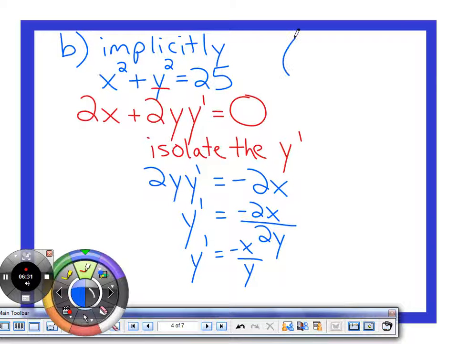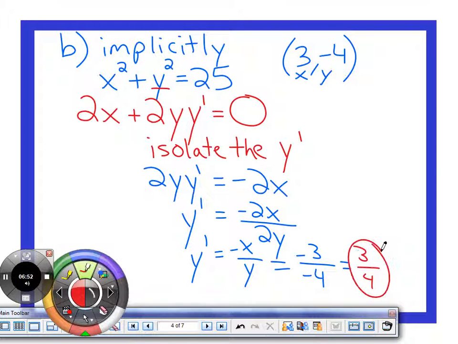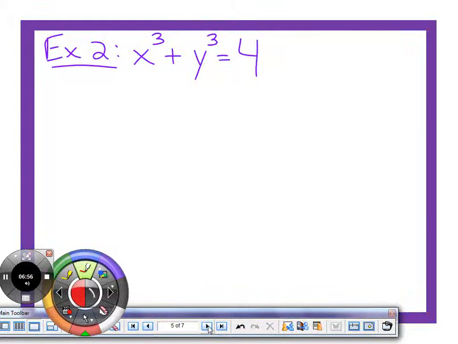And remember, the point we were looking at was (3, -4), so of course we got the x and the y. And we're going to go ahead and just plug that in. So we've got negative 3, and the y, we got negative 4. So we get the same answer as last time. We get 3/4. Okay?